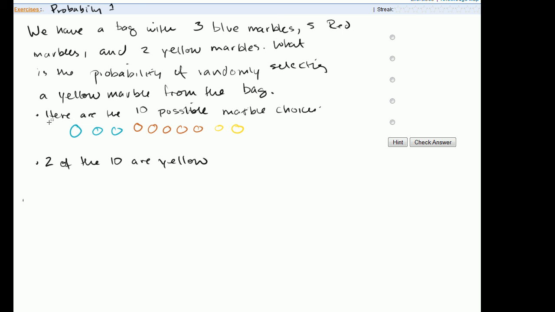And if we want, let me just copy and paste that. And if you don't want to, we don't have to draw circles here. You could just write a blue, the letter, a caps B in maybe a blue color, and then a caps R in a red color, and then a caps Y in a yellow color if you want. 2 of the 10 are yellow, and then you can just underline them or do whatever you think highlights them best. So it would be something like this.